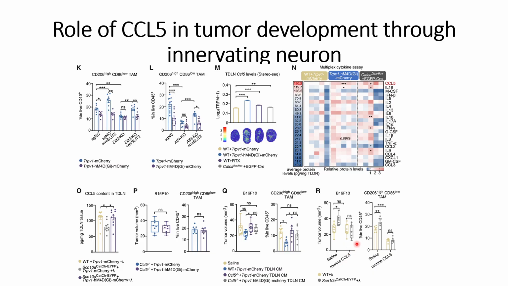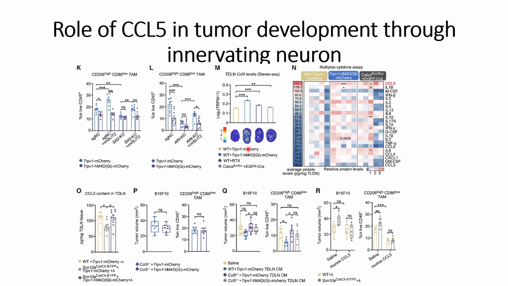In this case also, when the CCL5 amount is increased compared to the control, they see a decrease in the tumor volume. However, when they checked with and without chemogenetic inhibitions within these murine CCL5 conditions, they do not see any significant changes. Similar trends are observed for the tumor-associated macrophages also.